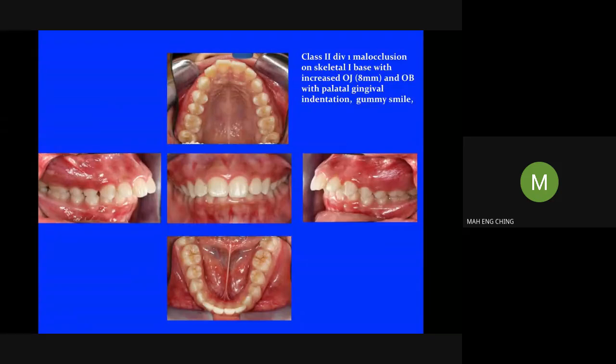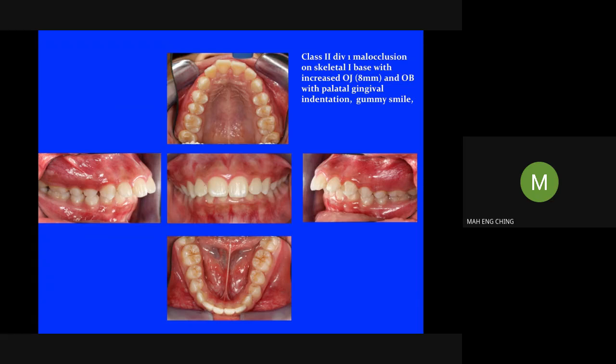And have a deep bite with a gingival indentation. Gummy smile. Does gummy smile score anything? No, score nothing. So we look at the bite, maybe deep bite, or maybe we give you 4F, deep bite. Then this overjet is more than 6, then less than 9, then maybe we give you the 4A.